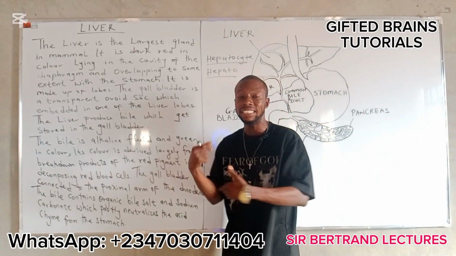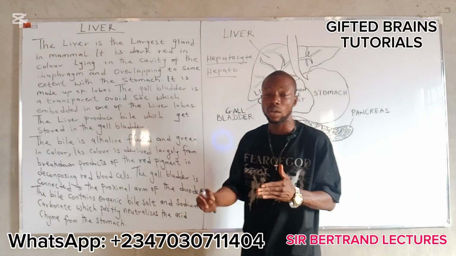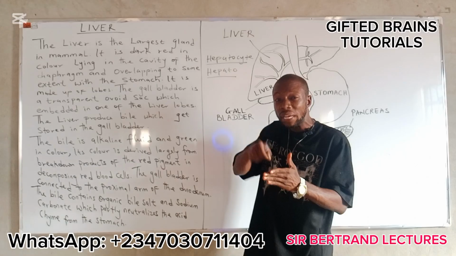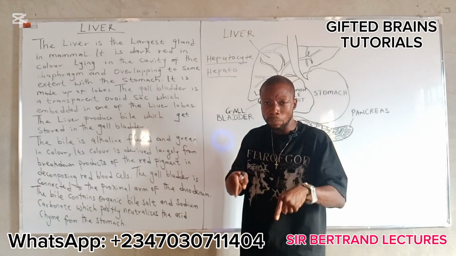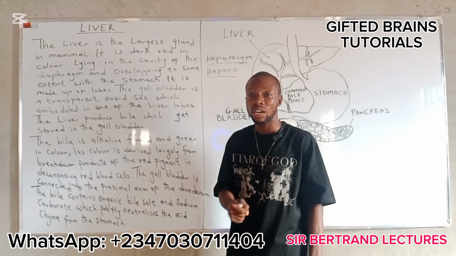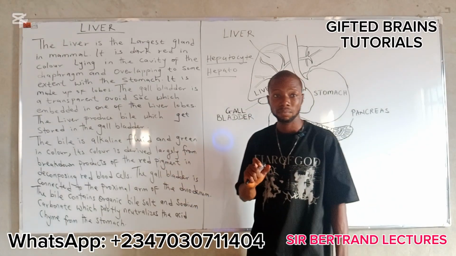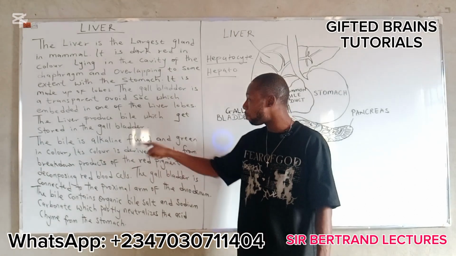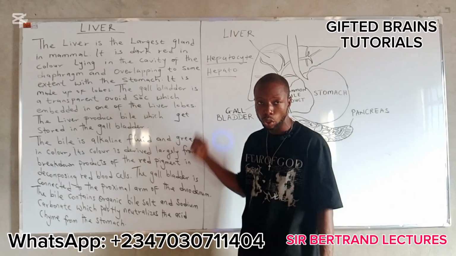What makes it green is the decomposition of the products of the red blood cell. That pigment is the proteinous pigment that makes the red blood cell reddish in color, and that is nothing but hemoglobin. Disruption of the hemoglobin makes the bile produced in the liver become green in color.